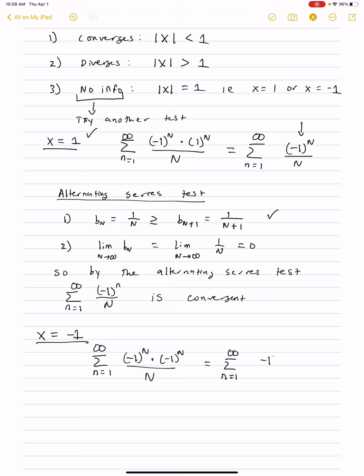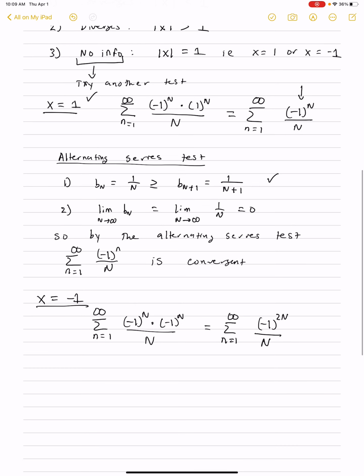This is going to be minus 1 to the 2n. And with 2n, every exponent is going to be even. So if n equals 1, I get 2, n equals 2, I get 4, n equals 3, I get 6. So every single term is positive. So this is the sum from n equals 1 to infinity of 1 over n.